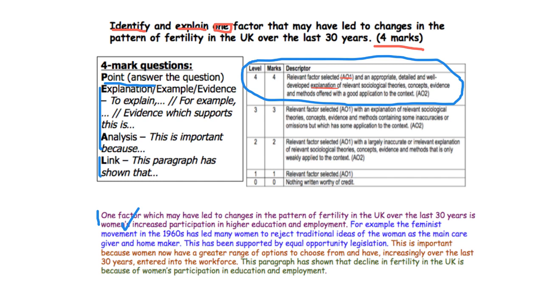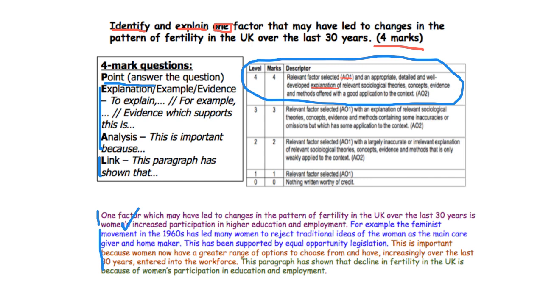Okay, so perhaps could have linked it a little bit better there. And then this section here would really be our AO2 aspect here. And this paragraph has shown that decline in fertility in the UK is because of women's participation in education and employment. So I'm just linking back to the question there.